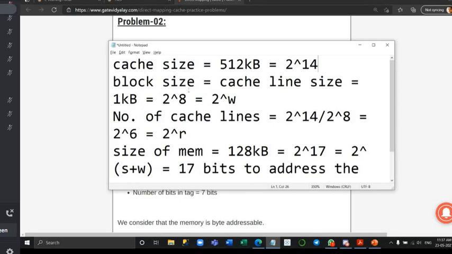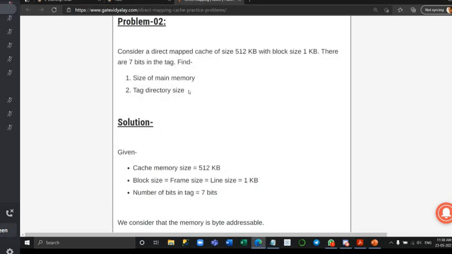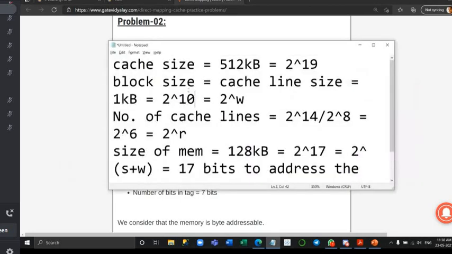So we'll represent all of these in powers of 2 first. 512 KB essentially becomes 2 to the power 19, and a block size of 1 KB becomes 2 to the power 10. So from the first 2 given data points, the cache size is 2 to the power 19 and the block size is 2 to the power 10.